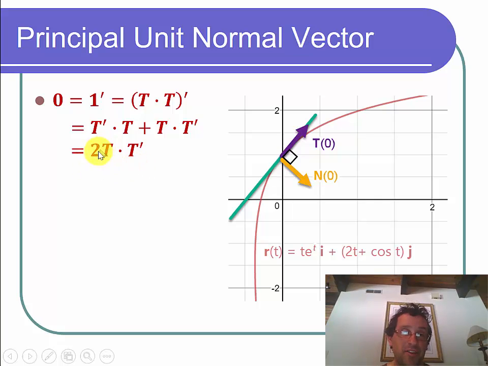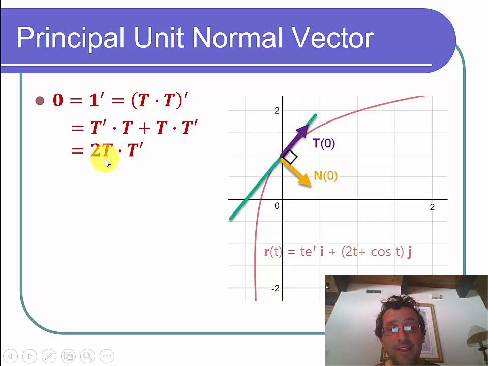What this says, especially dividing by 2, is that T dot T prime is always equal to 0. Remember, the dot product of two vectors is equal to 0 means that the two vectors are orthogonal. So that tells you T prime is orthogonal to capital T.